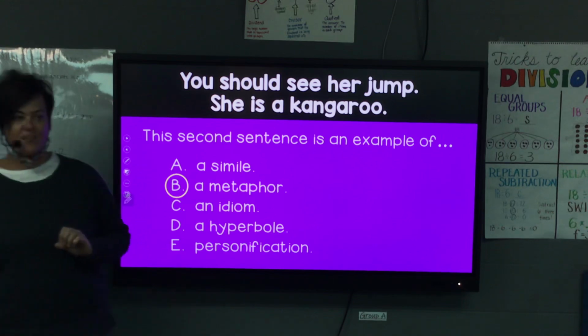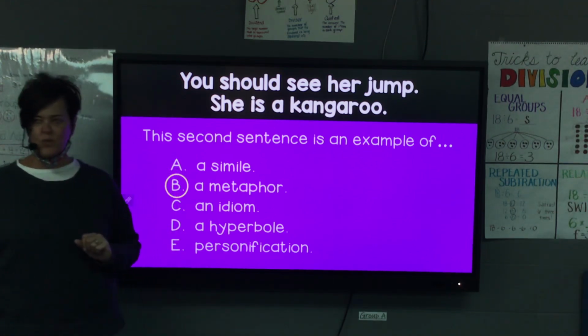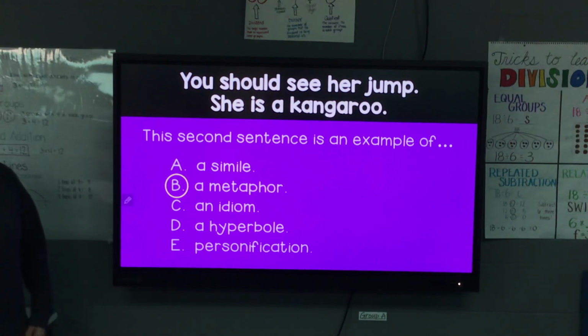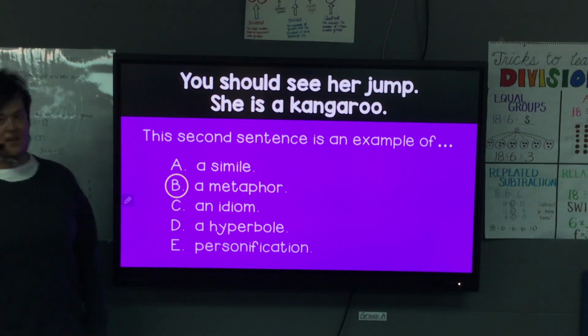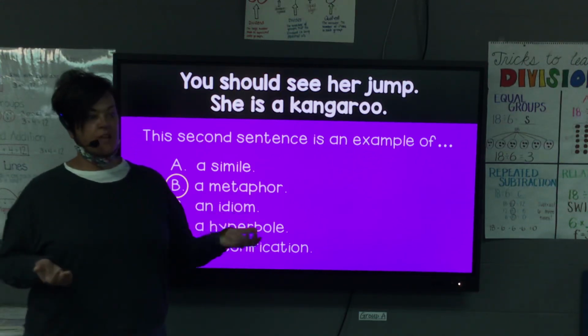Why is that a metaphor? What is it doing, Lucas? It's comparing a girl to a kangaroo. Right, it's comparing a girl jumping to a kangaroo.